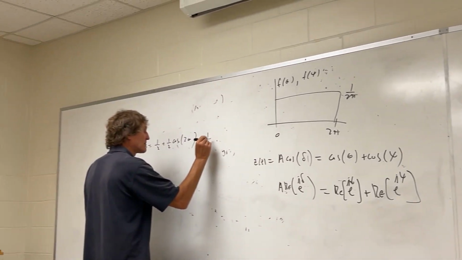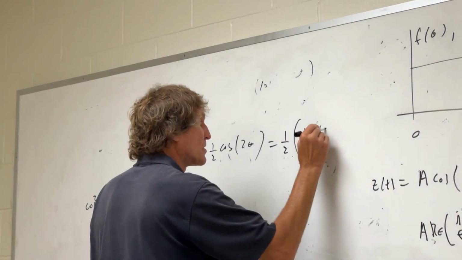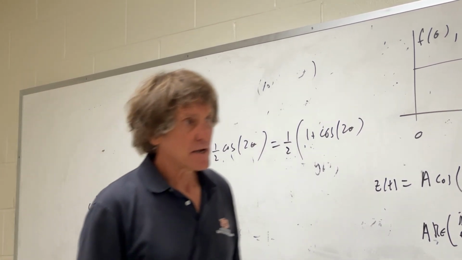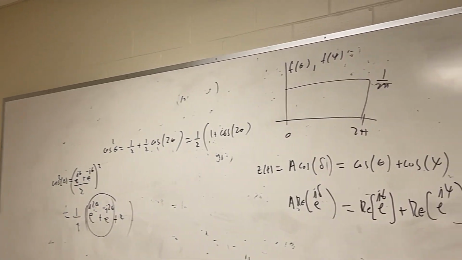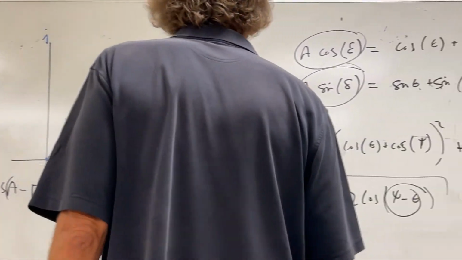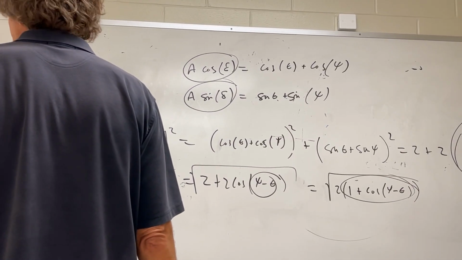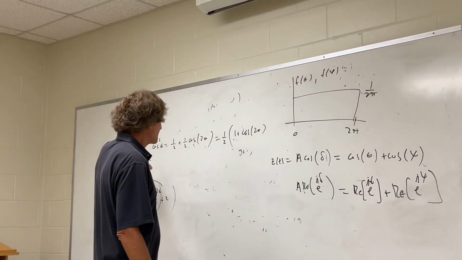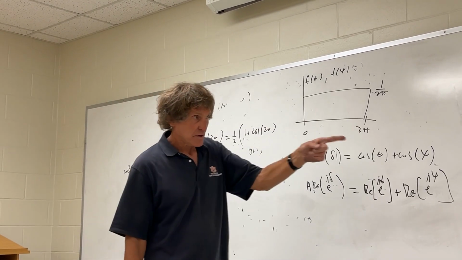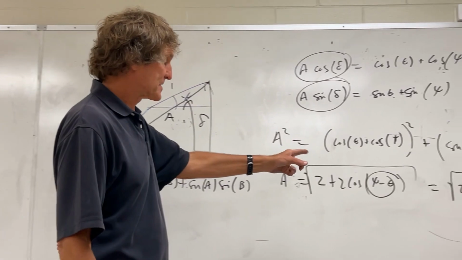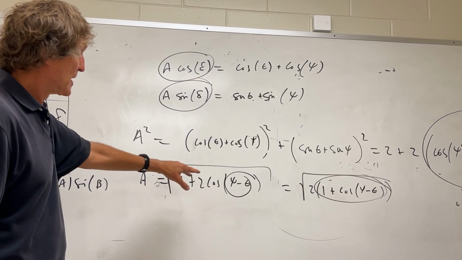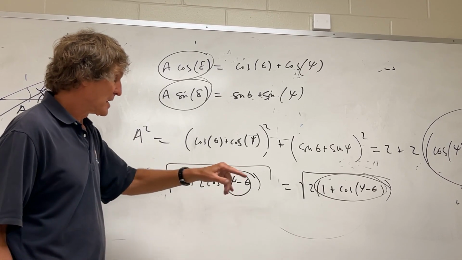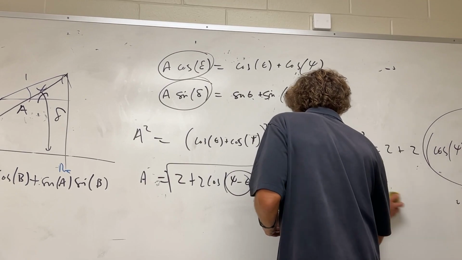So this is 1/2 right here, 1 plus cosine of 2 theta, right? That means 2 theta is equal to psi minus phi over here, if you look at that. Or really the angle that would be in the squared is going to be equal to psi minus theta divided by 2. And I'm replacing this with the cosine squared of that, and take the square root of that and it comes down to this.